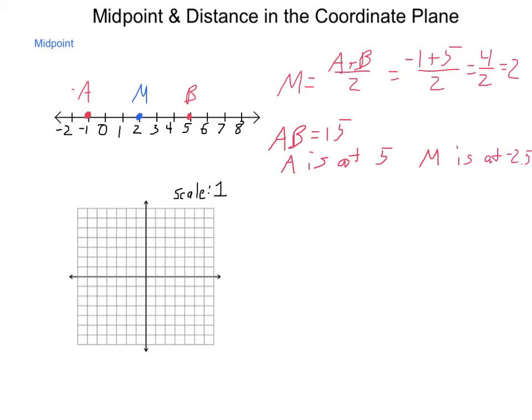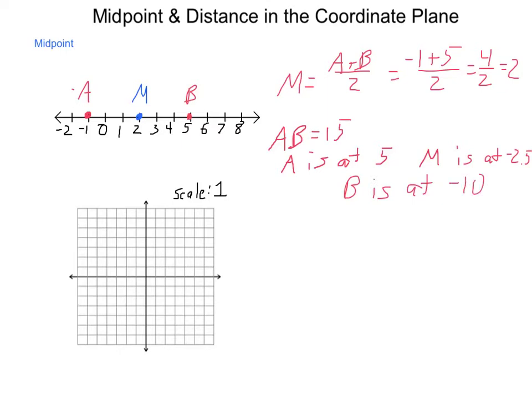How would we find B? Well, we know that the length is 15, so if we go from 5 to -2.5, we're moving left. We would continue to move left, and we would end up another 7.5 units away. B is at the location -10.